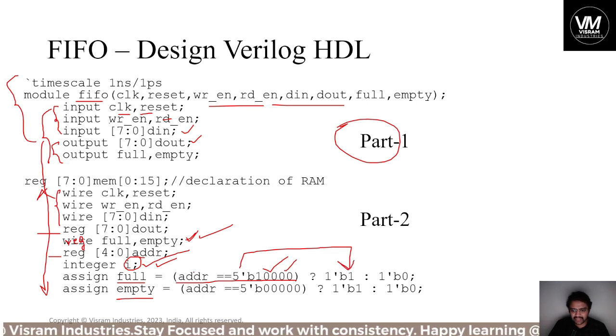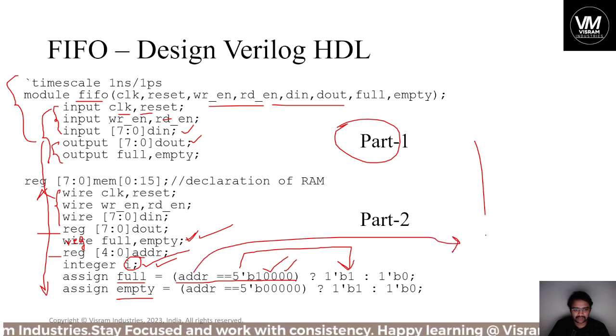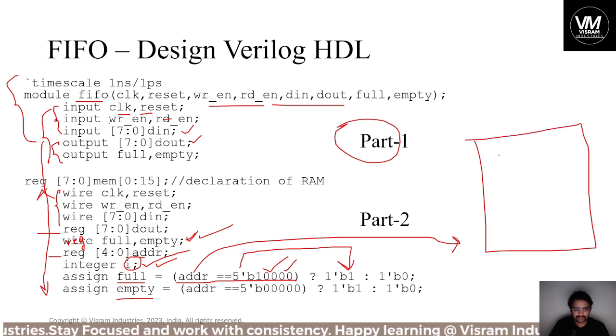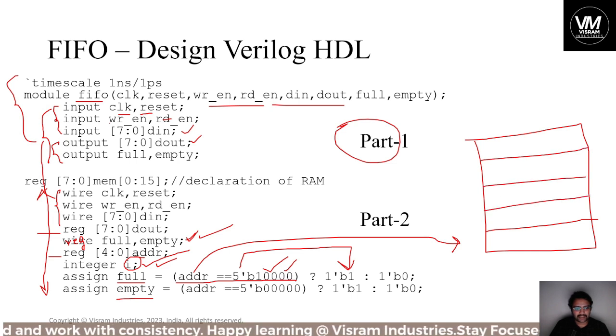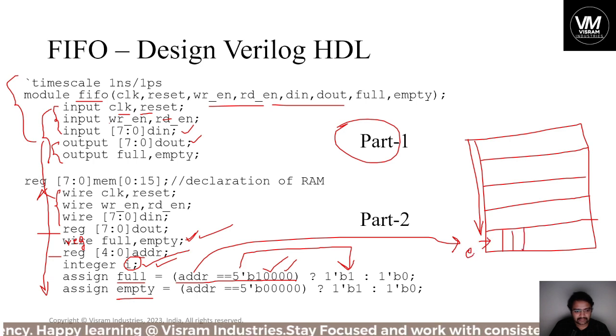I mean, when the address is going to that position, for example, you have 5 bits of address locations, so you can have 32 registers, and if the address pointer goes to the last point, the end point, then you can see 5-bit binary 10000.